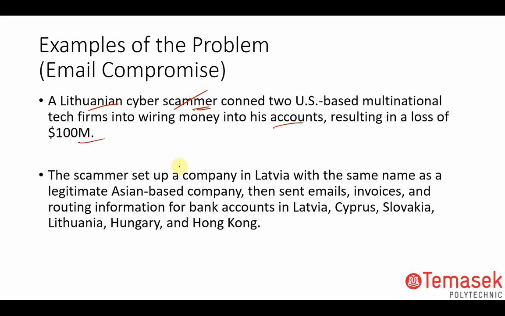The scammer was from a company called Quanta, the same name as a legitimate Asian company. He sent invoices, and the bank accounts in all these countries were affected. So businesses are actually affected through emails.